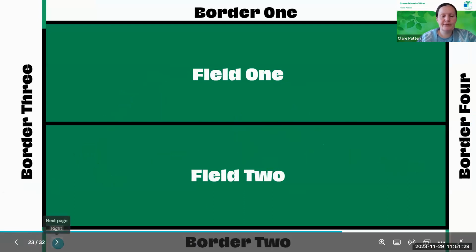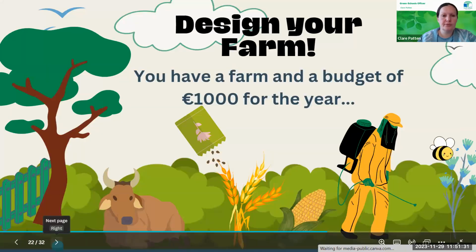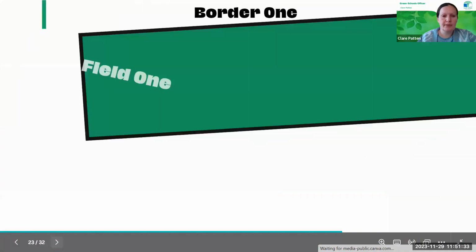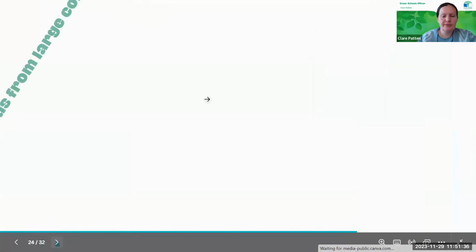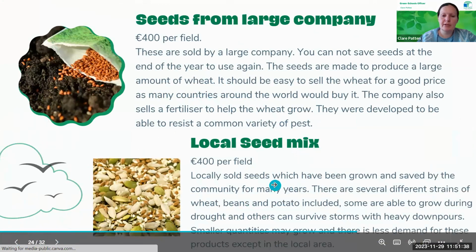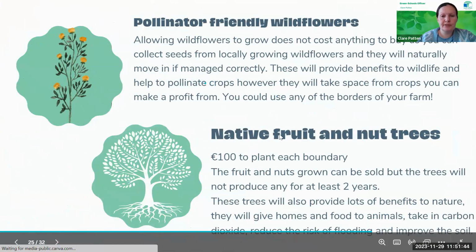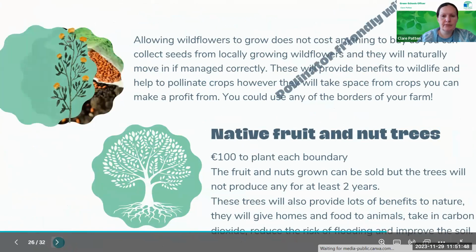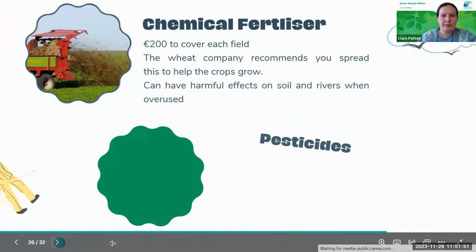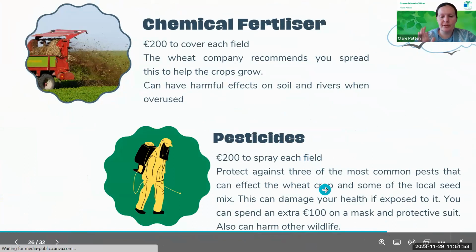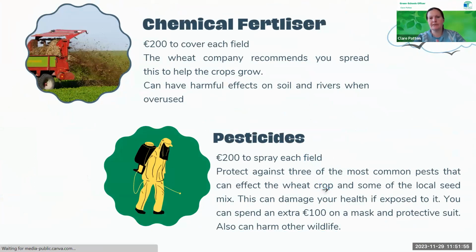And your choices of how you're going to spend your €1,000 are seed from the wheat company, the local seed mix, wildflowers for free, native fruits and trees, fertilizer or pesticide. So hopefully everyone has just scribbled down what they're going to buy.